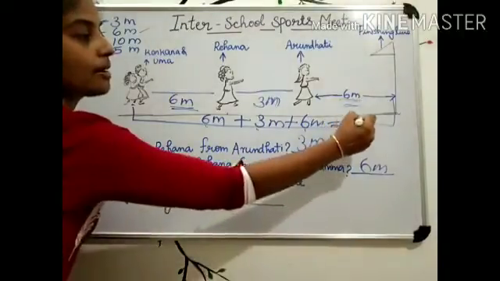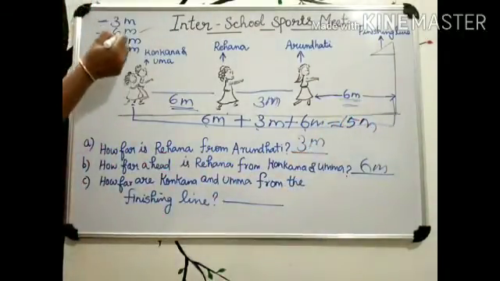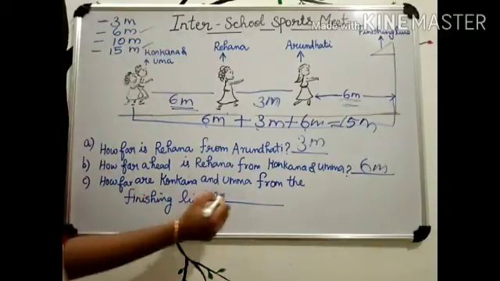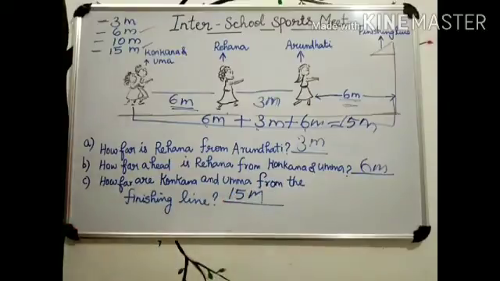Yes, 15 meter. So from this distance you can select 15 meter. So 15 meter is the answer. Understood, children? You just imagine and find out the answer. Okay, understood?